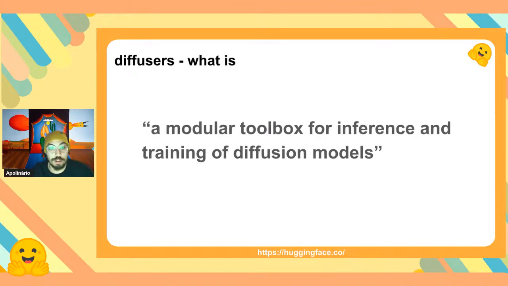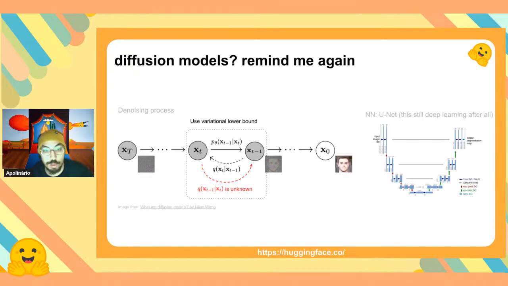So first of all, I'll start explaining what diffusers is. Diffusers is a modular toolbox for inference and training of diffusion models. So the goal there is to put different contexts of diffusion models in one easy to use toolbox. This is just a very quick reminder of what diffusion models are. I'm sure this audience already knows it, but just in case, I'll go very quickly over it.